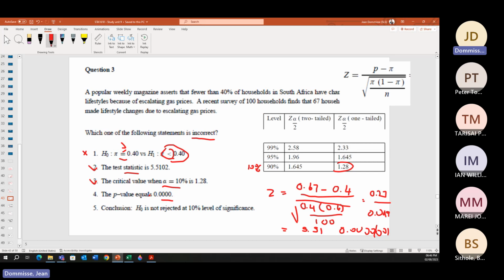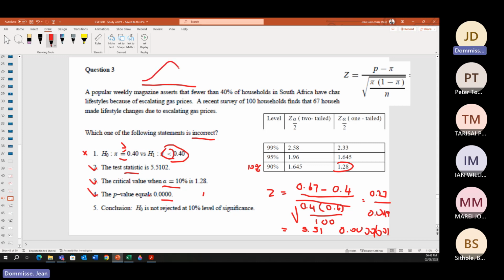And what they will normally do is not to say the p-value is equal to 0, it will be 0.0000 with a point, because somewhere in that process there's probably a 1, because it is so small. Okay, so that is also correct.